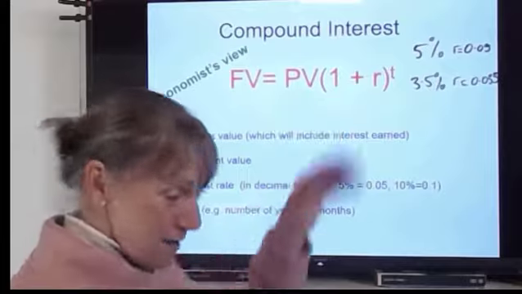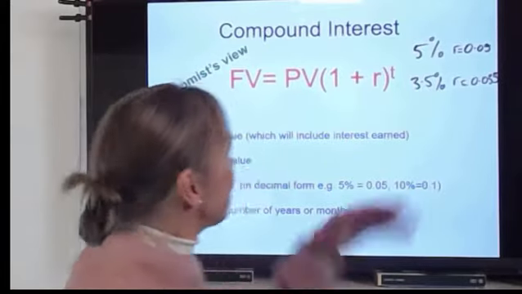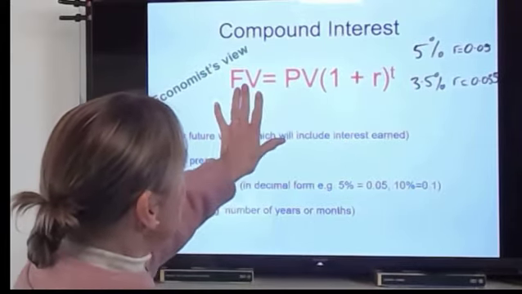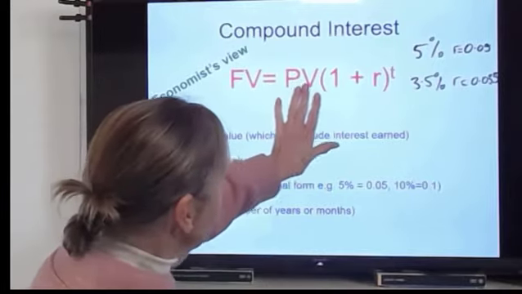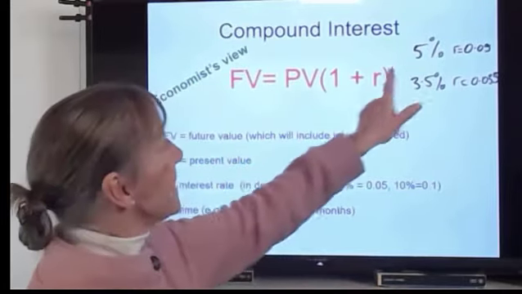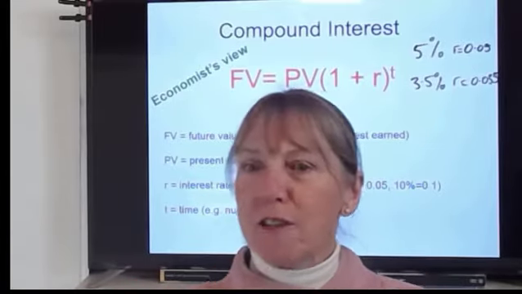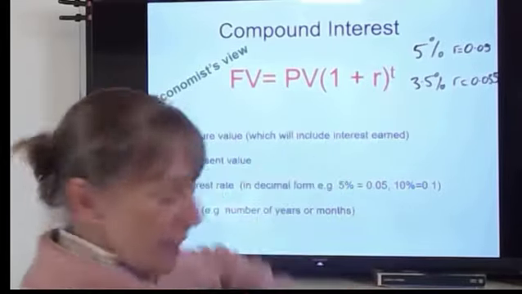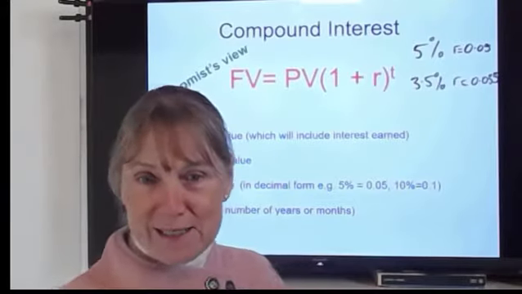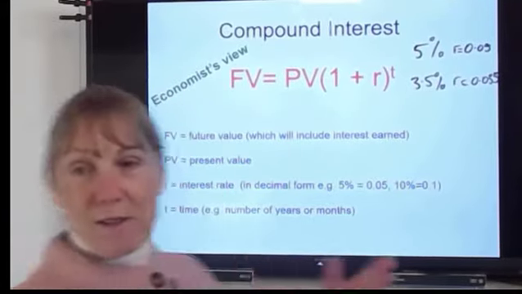So future value is a function of present value times 1 plus r raised to the t. We tend to use t because we're looking at time, because we graph this a lot. So t will be along the horizontal axis. So there it is. That's the big formula.